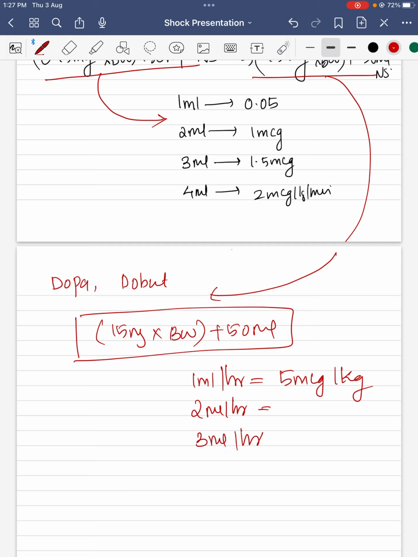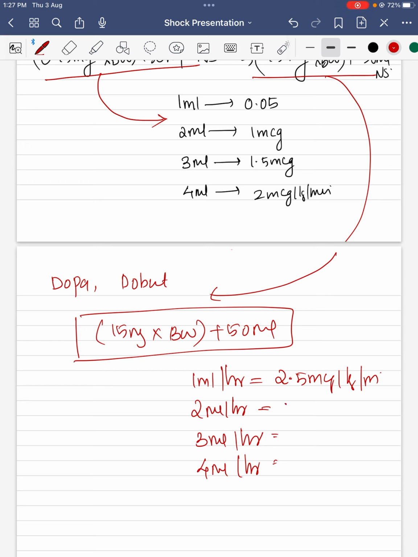Three ml per hour, 4 ml per hour. 1 ml is not 5.25. Sorry, one minute, small mistake. 1 ml is equal to 2.5 microgram per kg per minute.